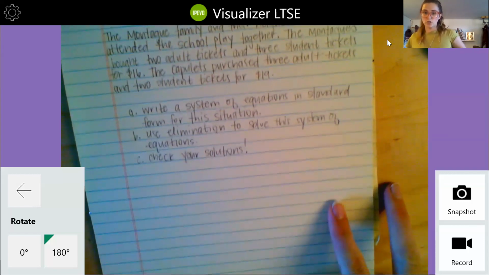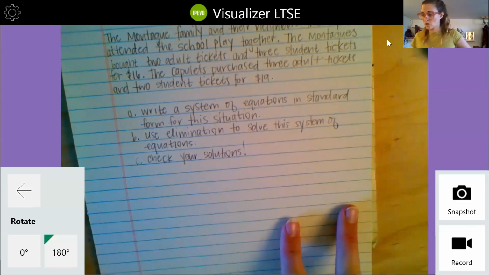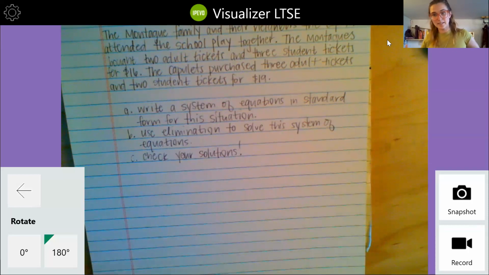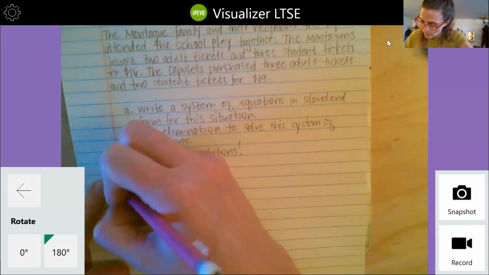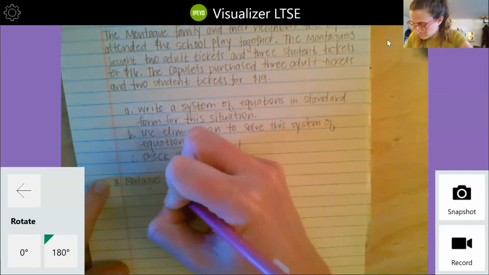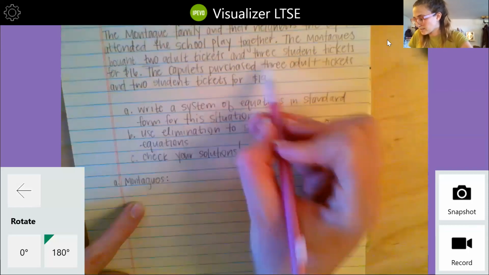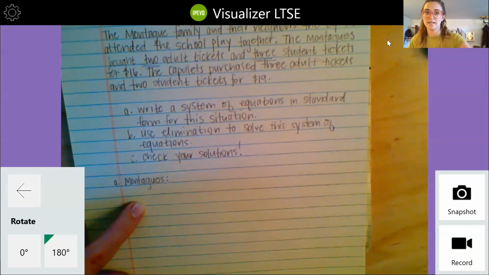So first thing we're going to do is write a system of equations for this situation. We have adult tickets and student tickets, the number of each kind of ticket that was bought, and the totals that each family spent on tickets. So let's look at the Montague family first. They bought 2 adult tickets and 3 student tickets.